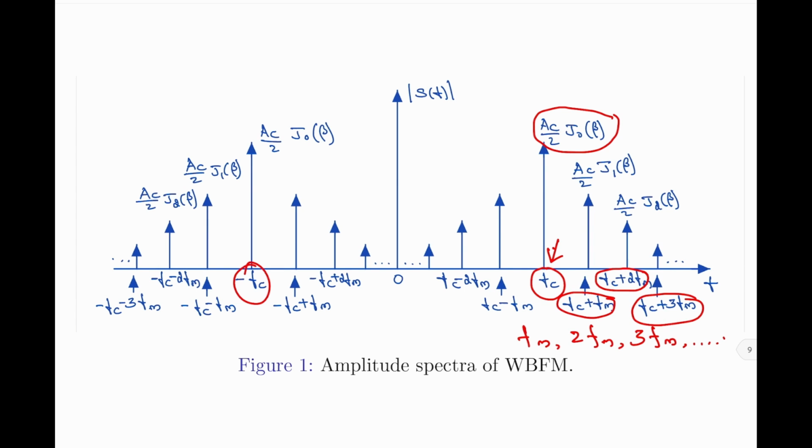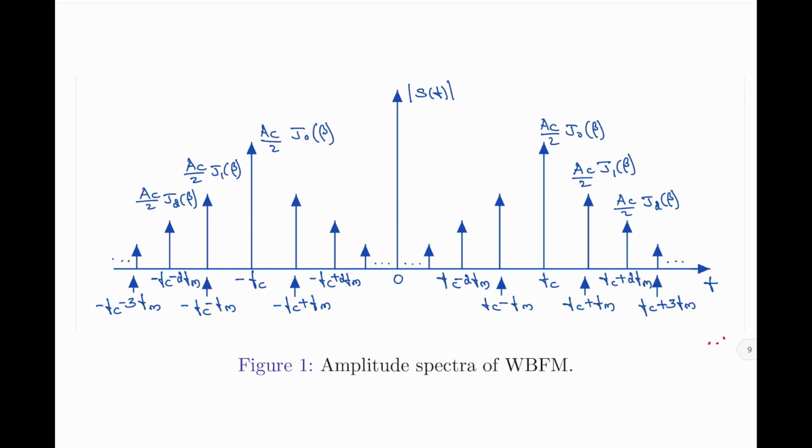It should be noted we have such frequency components on either side of Fc, not just towards the right, we have towards the left as well. Let us recall that all those frequency components that appear to the left of Fc are called lower sideband frequencies, and all those that appear to the right of Fc are called upper sideband frequencies. This applies to both positive as well as negative values of frequency.